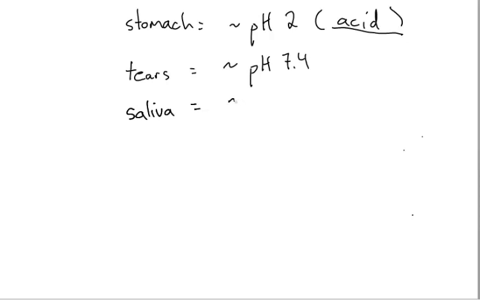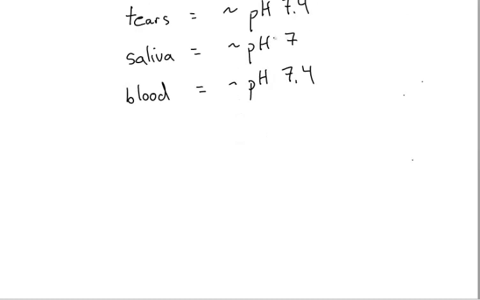Therefore, your saliva has a neutral pH of approximately 7. In contrast, our blood has a very slightly basic pH of 7.4. And if it varies from this, our body has mechanisms to bring it back to that.